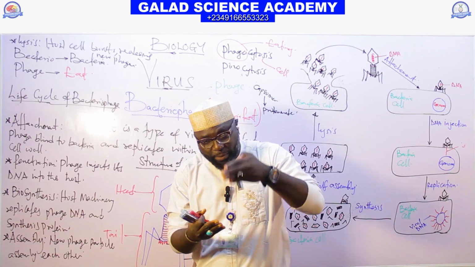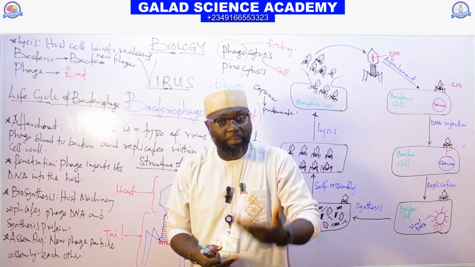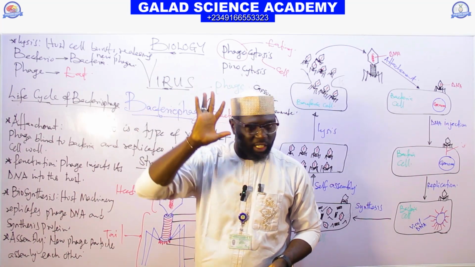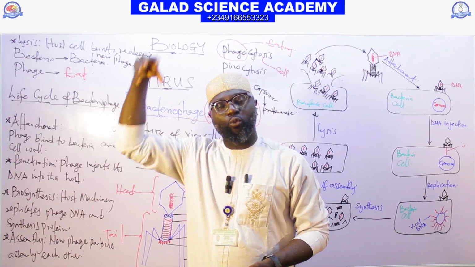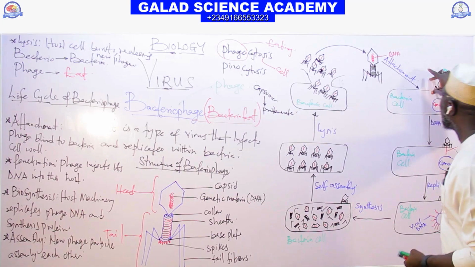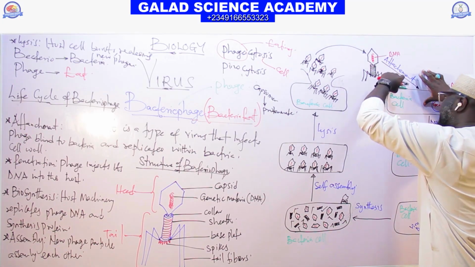Any virus that infects bacteria and replicates within the bacteria is called a bacteriophage, and its life cycle comprises 5 stages. The first one is, when the virus has the opportunity to attach to the bacterial cell, we have attachment.